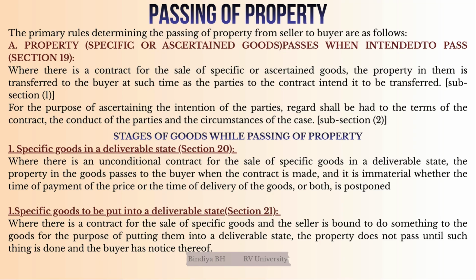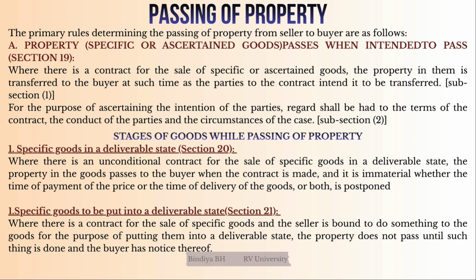In this case, this is a specific good which is already in the deliverable state and hence the ownership passes immediately when the contract is made. So, keep this in mind: goods are identified, they are ready, ownership passes immediately.